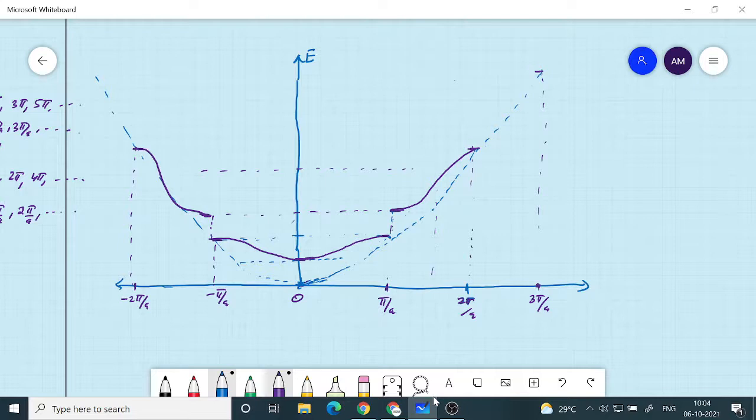Okay, so there will be a gap. Okay, now this gap is smaller. So it will go like this. Parabola will go like this.